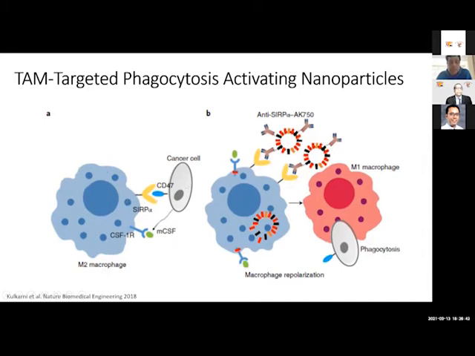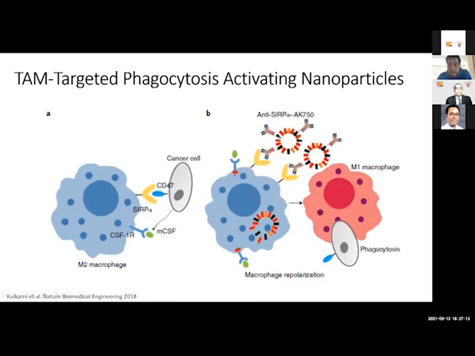Actually, the cancer cell induces polarization of the macrophage to the M2 type by release of factors called colony-stimulating factors that can bind with complementary receptors on the macrophage and induce M2 polarization. At the same time, like we mentioned in the previous slide, cancer cells overexpress CD47. This CD47 is a don't-eat-me signal, an anti-phagocytosis signal. When it binds with SIRP alpha on the macrophage, it inhibits the phagocytosis.